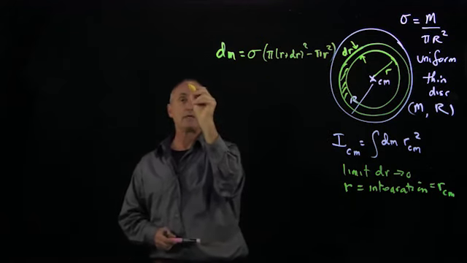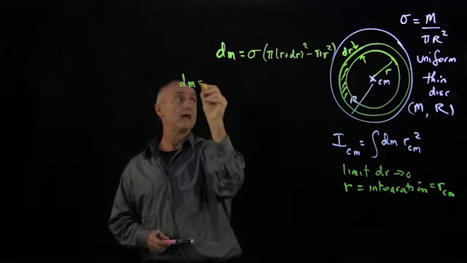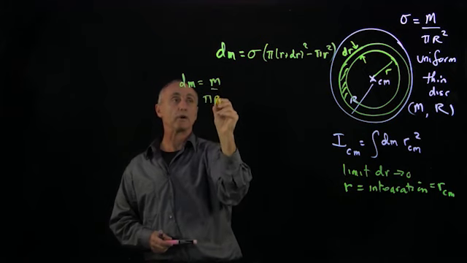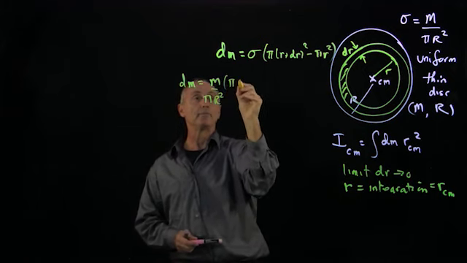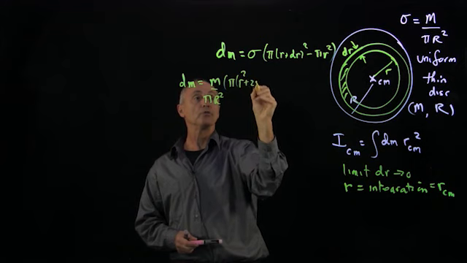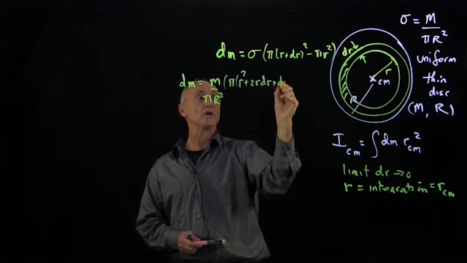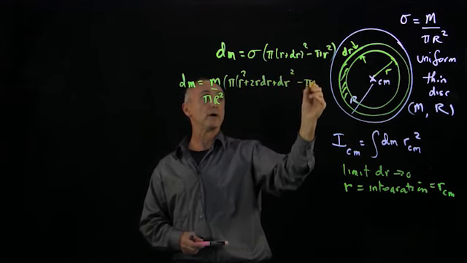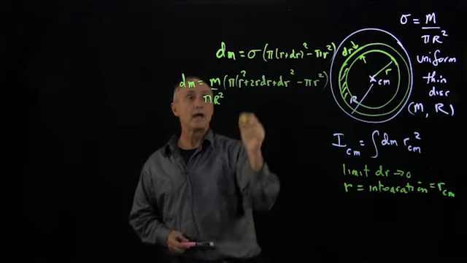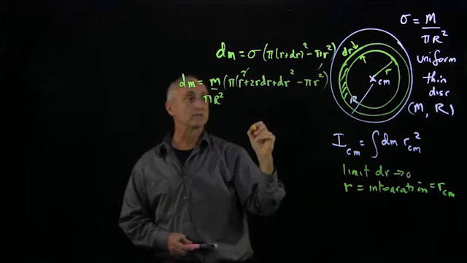Now, when we expand this out, dm equals m over pi r squared, times pi quantity r squared plus 2r dr plus dr quantity squared, minus pi r squared. And you can see those terms cancel.